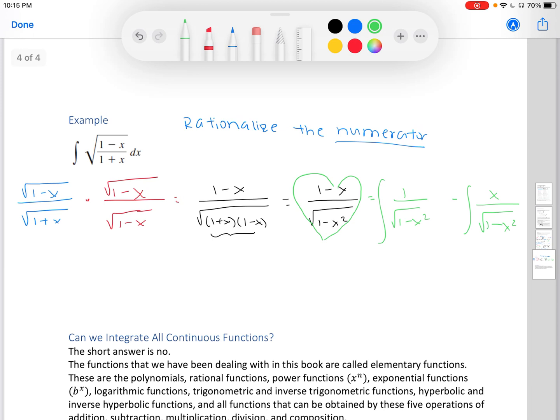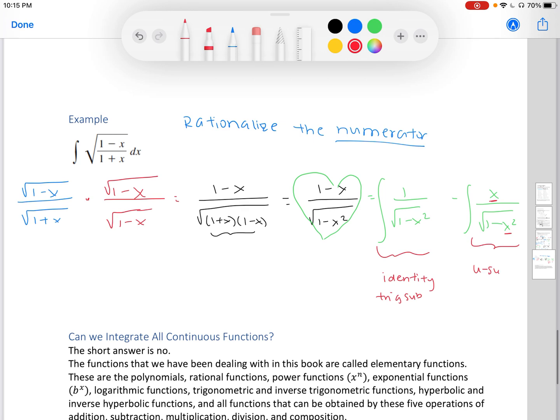And each one of these integrals will have to use a different method. So for this one, we can go ahead and use an identity, using trig substitution. And for this one, because we have an x squared, we can just use u substitution. So that's the difference between those two.